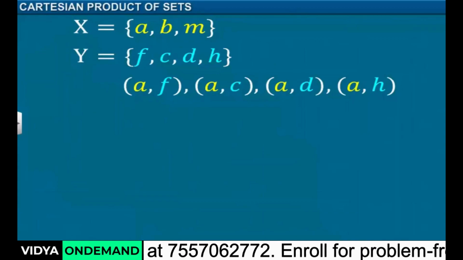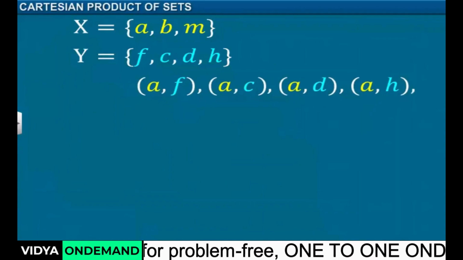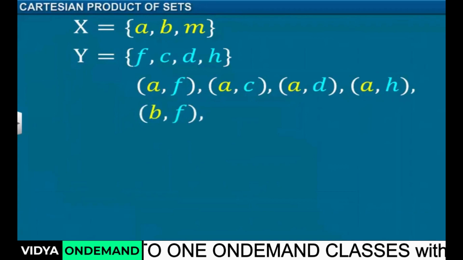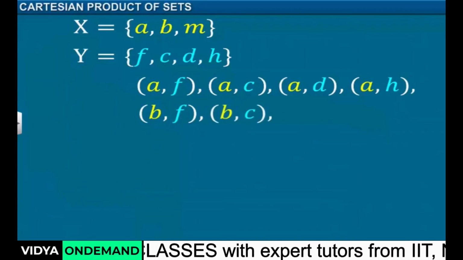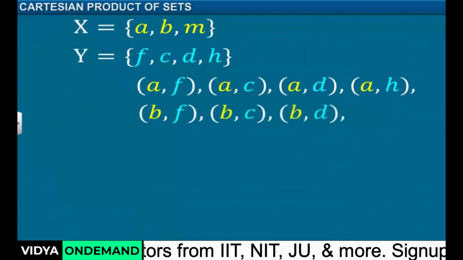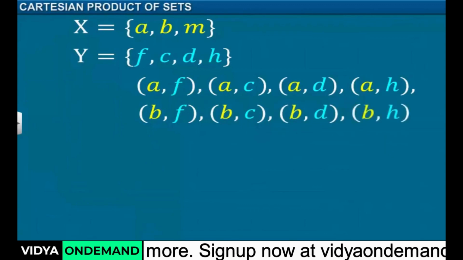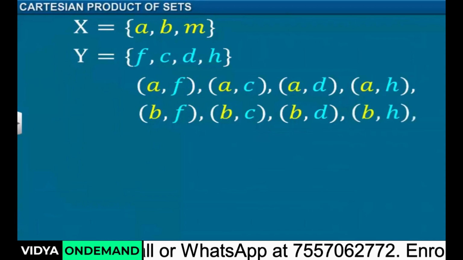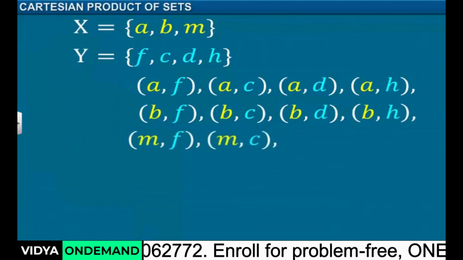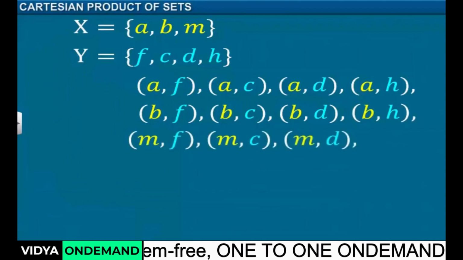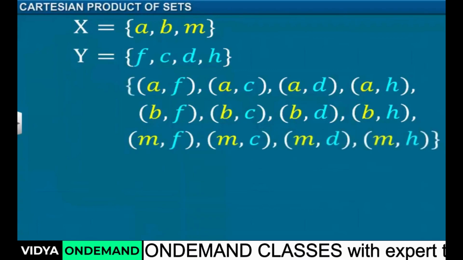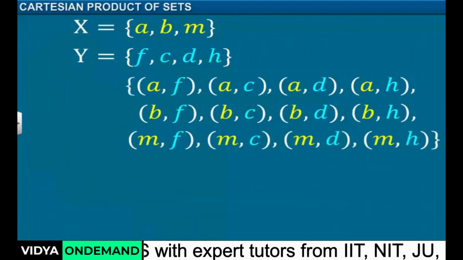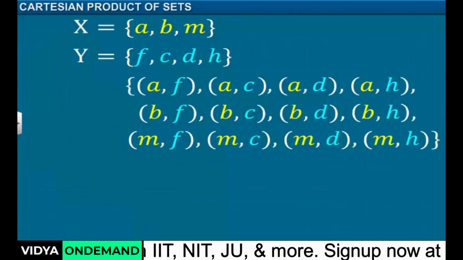Next, take the second element of set X and again keep on changing the second element of the ordered pair from set Y till they get exhausted. Continue in this manner till all the elements of set X gets exhausted. This is the Cartesian product of sets X and Y and is symbolically denoted by X cross Y.